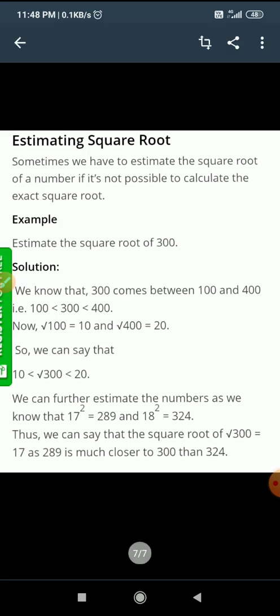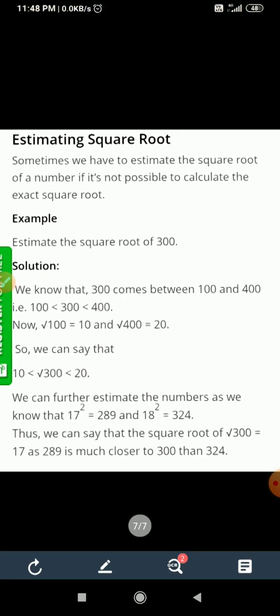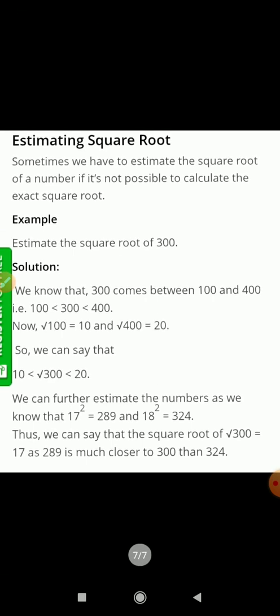We can further estimate the number, as we know that 17 squared is 289 and 18 squared is 324. So we can say that the square root of 300 is approximately 17, as 289 is much closer to 300 than 324.